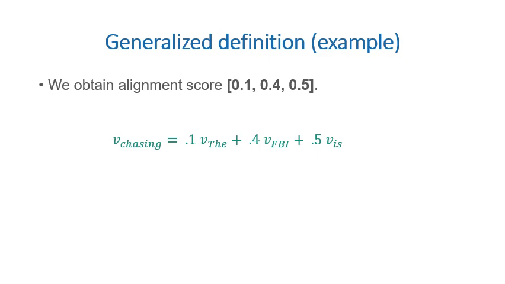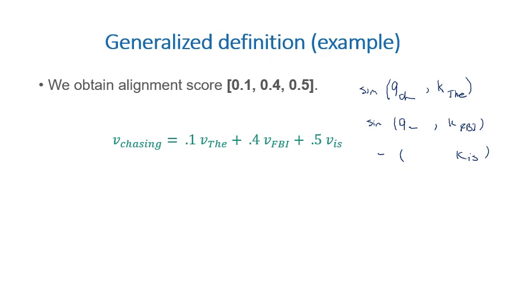When you compute the softmax of Q of the word chasing with D, and the similarity of chasing with FBI and with is, you get three similarities.